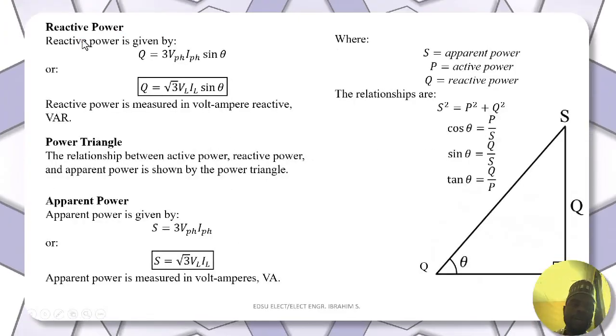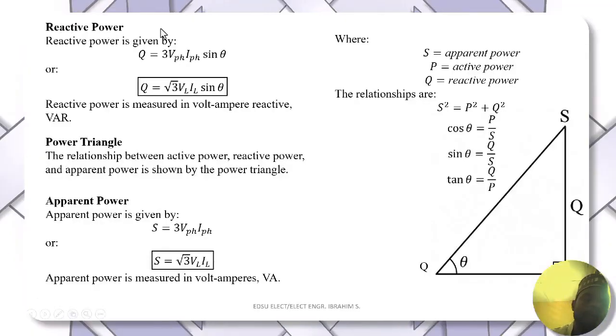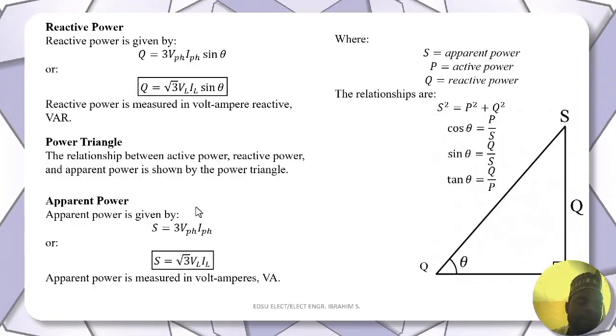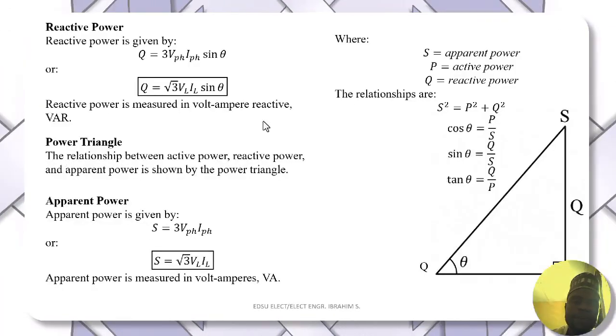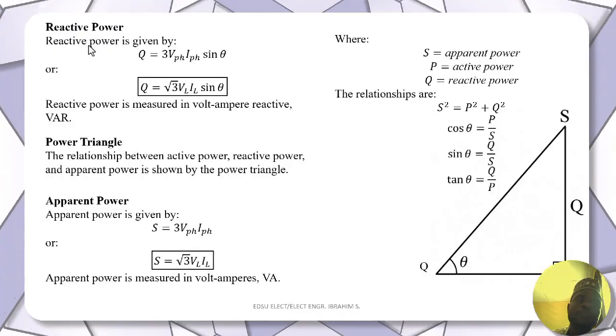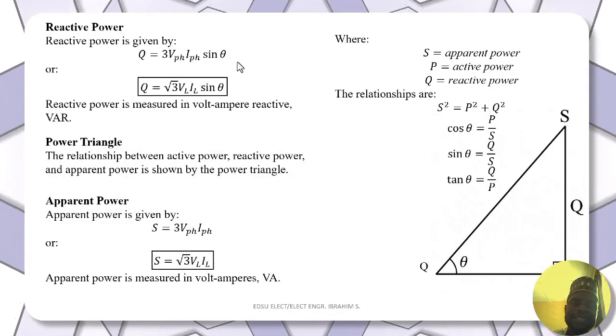Now, talking about the types of power in a circuit, we have real power, we have reactive power, and we have apparent power. The reactive power is given by 3 V phase I phase sine theta, right?